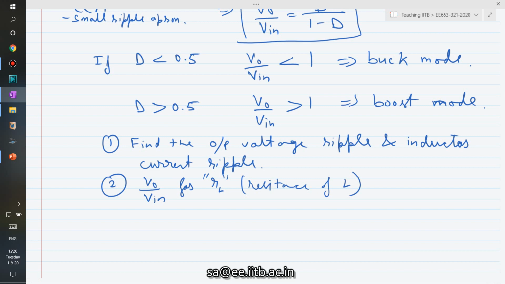And once you do that, you would realize that it's very similar in that sense that you would have a limit of how much maximum you can boost, and you would have a limit on the maximum duty cycle also, right? So go ahead, do this, and then find what is Vmax and what is Dmax.